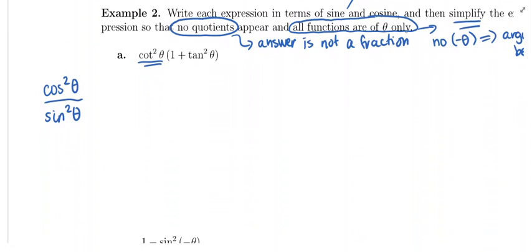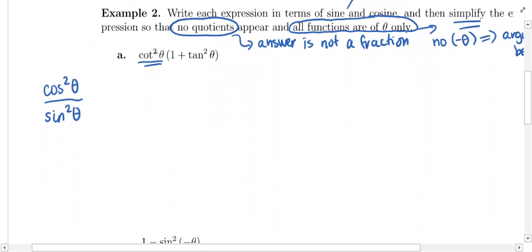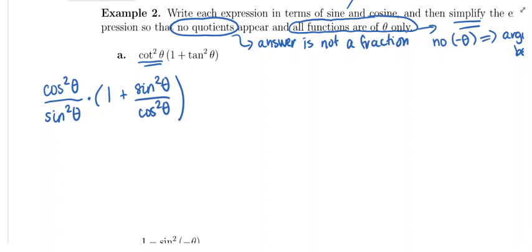Going back to the example, the cotangent squared of theta is the same thing as the cosine squared of theta over the sine squared of theta. Again, I'm taking the advice here, so I've got to translate the stuff in parentheses. This is going to be times 1 plus, and I'm going to turn tangent squared of theta into sines and cosines, so plus the sine squared of theta over the cosine squared of theta, because tangent is sine over cosine.